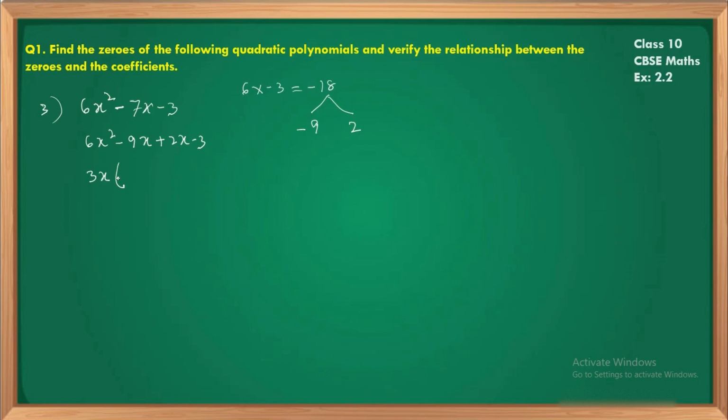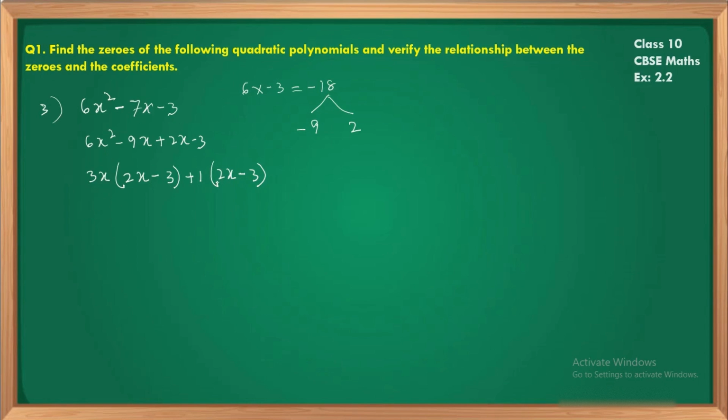The balance is 2x minus 3. And this side you have plus 1. 2x. You have to have minus again here. Minus 3. 3x into 2x minus 3 plus 1 into 2x minus 3.